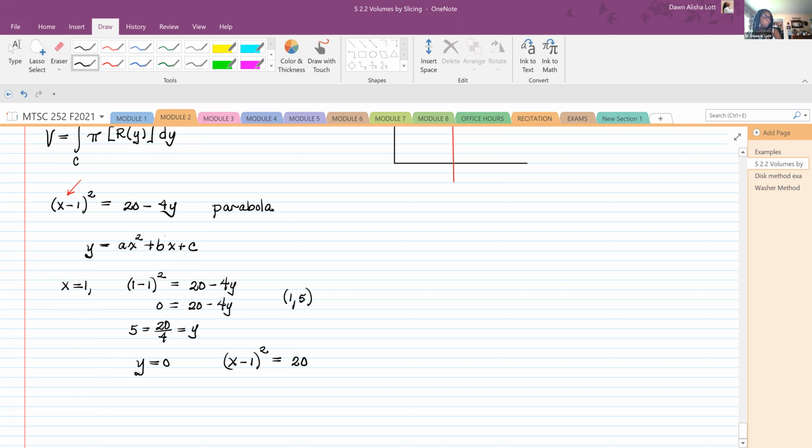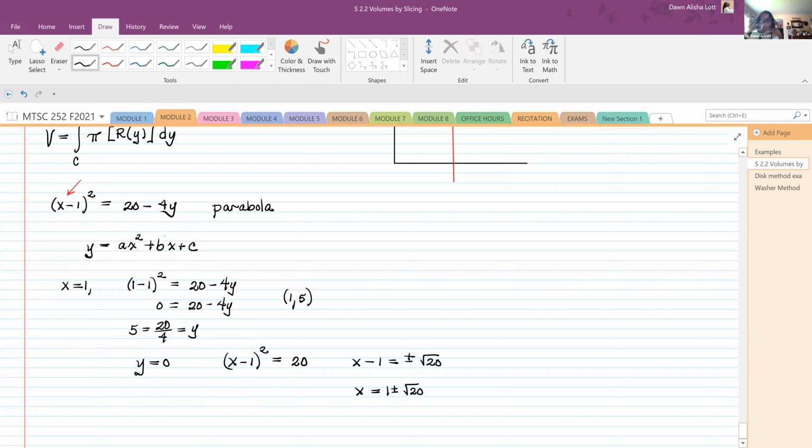Doesn't help me a whole lot, because x minus 1 is now the positive or negative square root of 20. So my x-intercepts are 1 plus or minus the square root of 20.